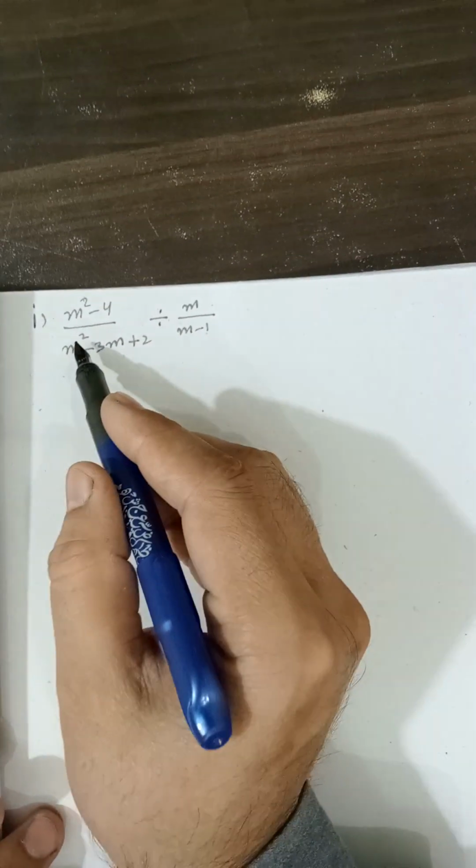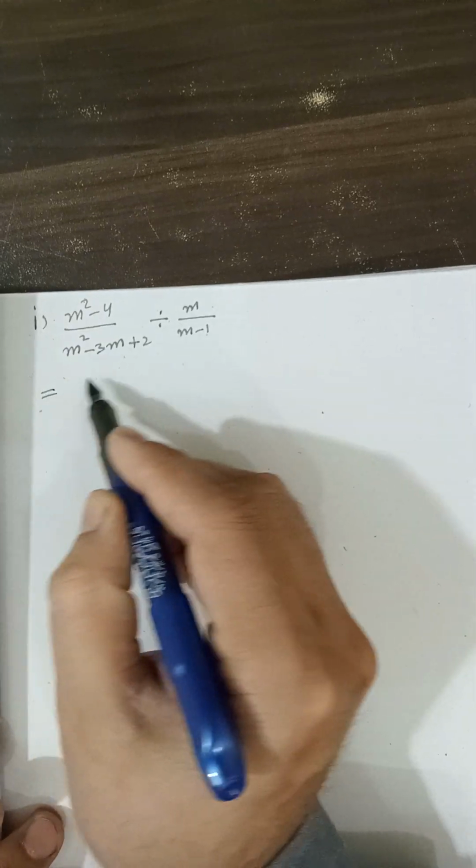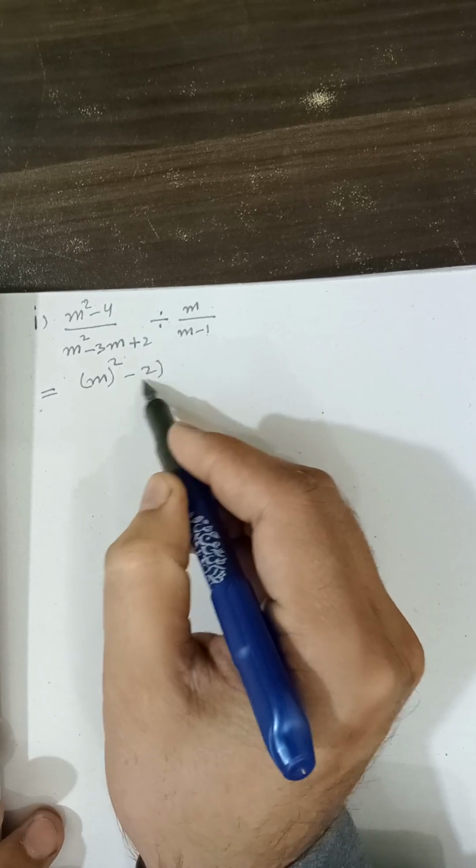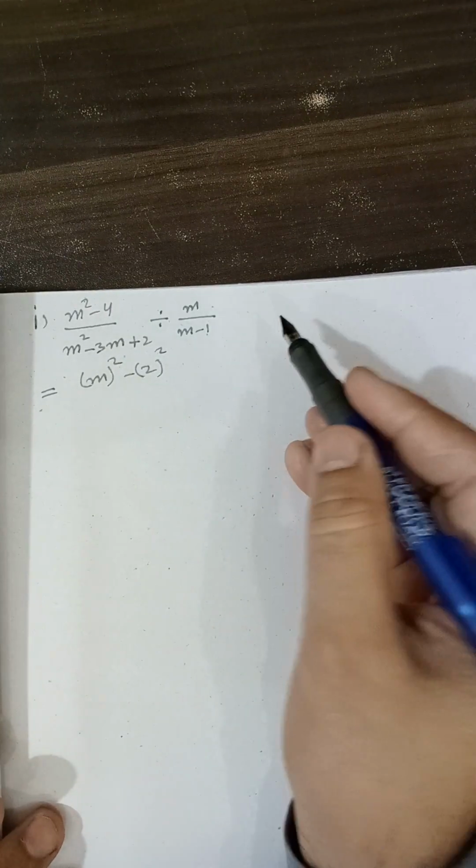See the I part. In the numerator you have to apply the identity m square minus 2 square, which is equal to 4.